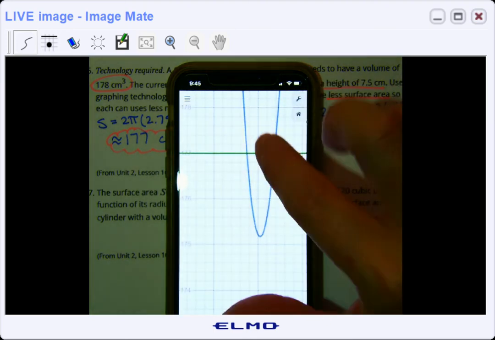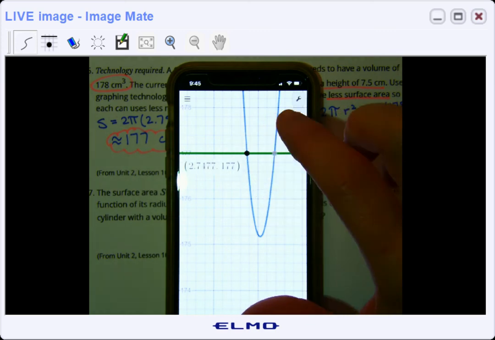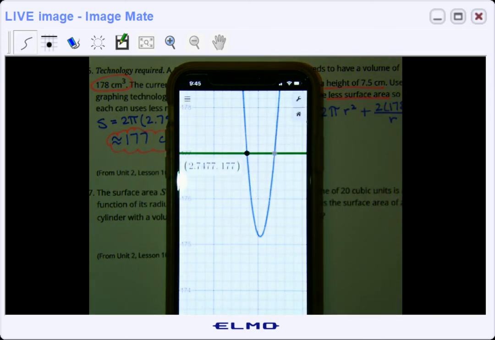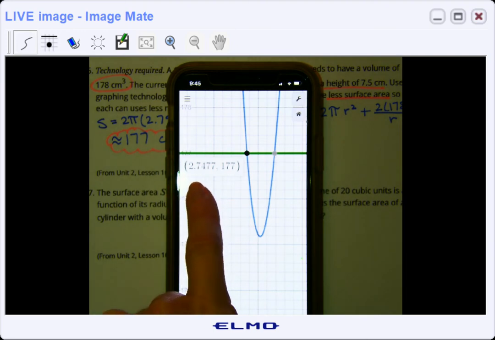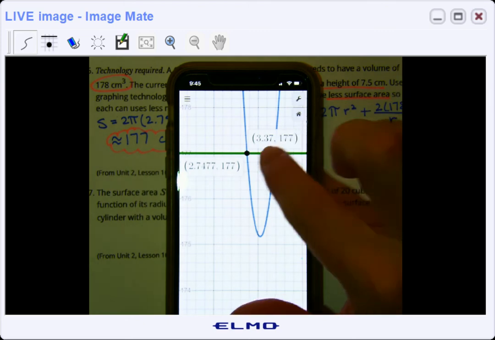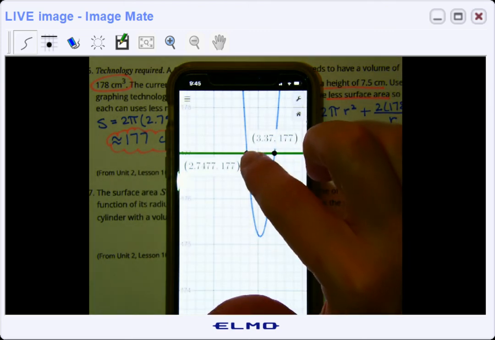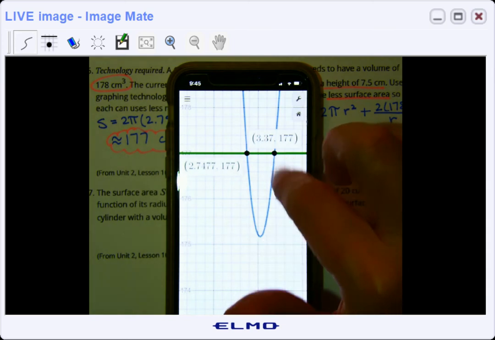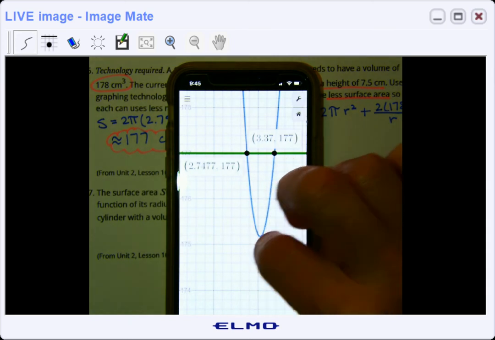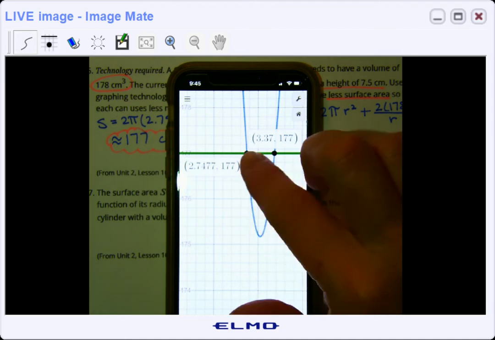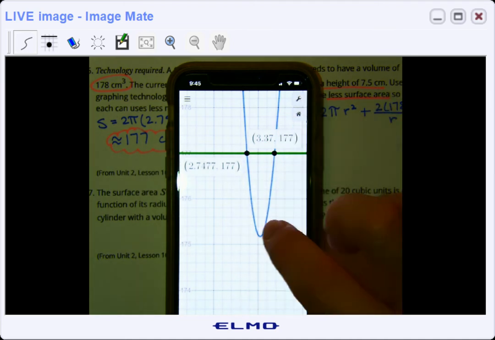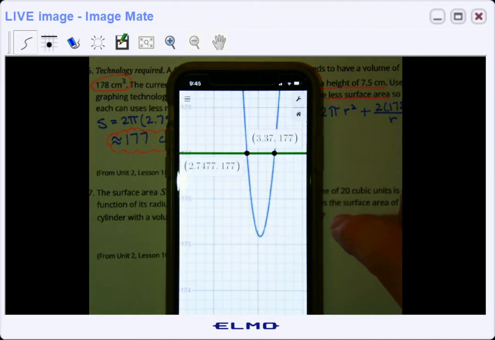Right here is where they intersect: this 2.74 and this 3.37. Notice that radius values between them are going to give us a smaller surface area.